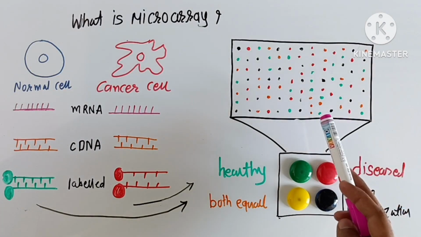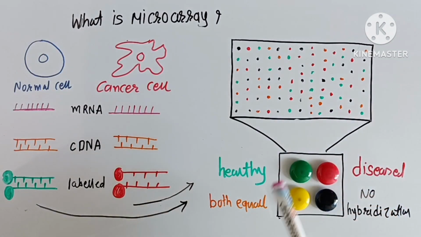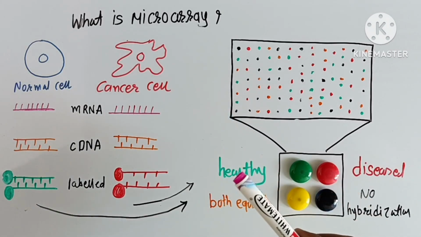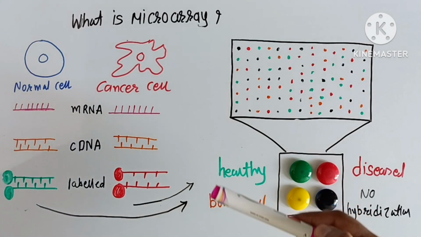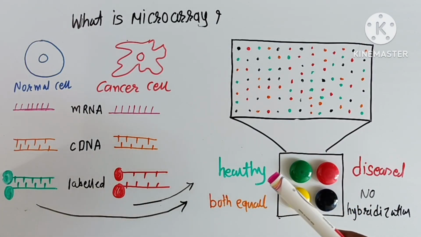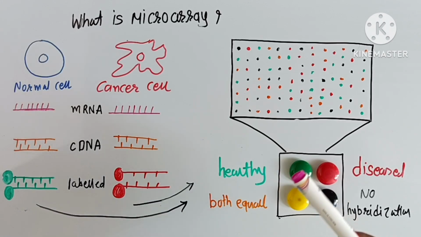This plate then goes to the scanner. The scanner has three components: laser, computer, and camera. The laser causes the hybrid bonds to fluoresce. Then the camera records the images produced when the laser scans the plate, and the computer allows us to immediately view our results, and it also stores our data.